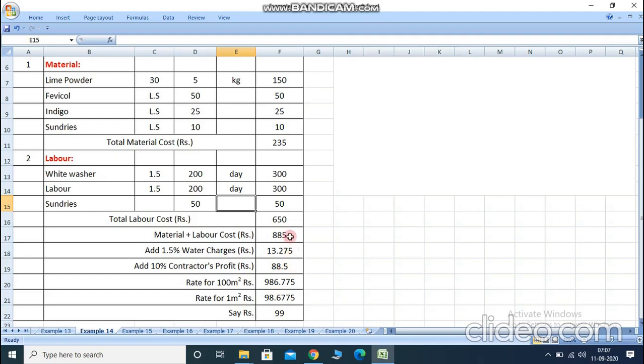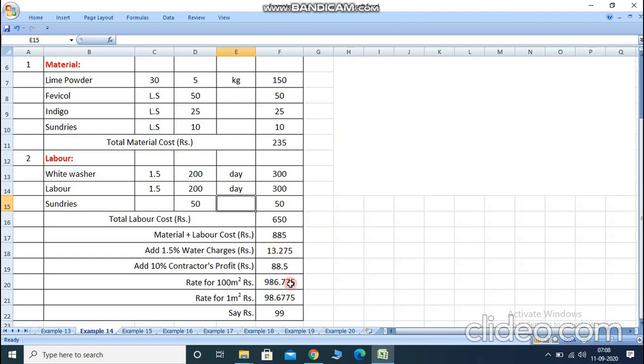That is 885 divided by 10, so we got the answer 88.5. So for 100 meter square, the summation is material cost plus labor cost plus 1.5% water charges plus 10% contractor profit.